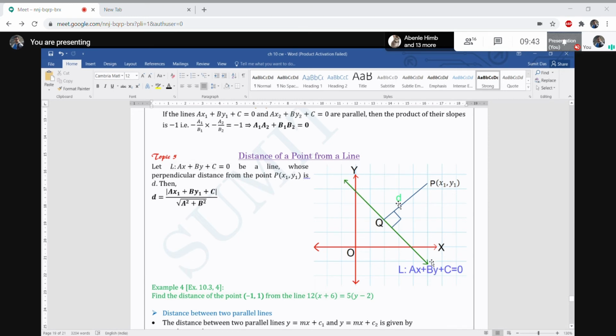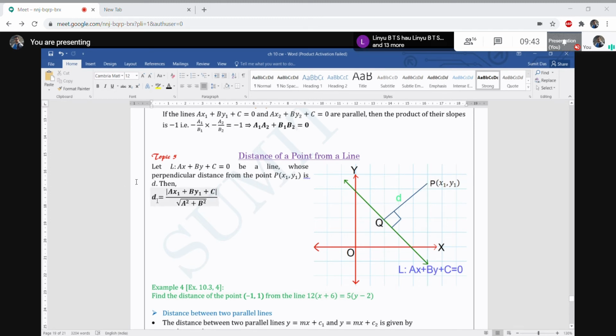You can see the green line, which is L, ax plus by plus c, whose perpendicular distance from point P, and the P coordinate is x1, y1. Whenever the distance is asked, distance means the perpendicular distance, because perpendicular distance is the smallest distance. So distance from a point means always perpendicular distance. So the perpendicular distance from this point P is small d.